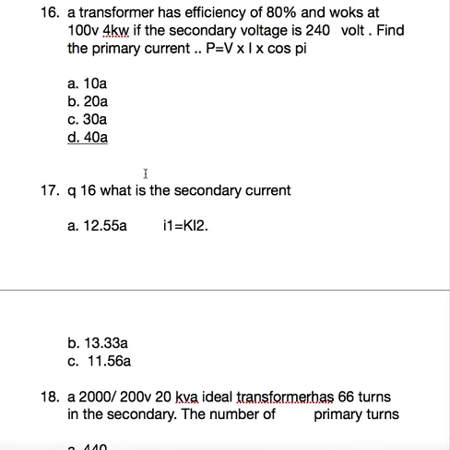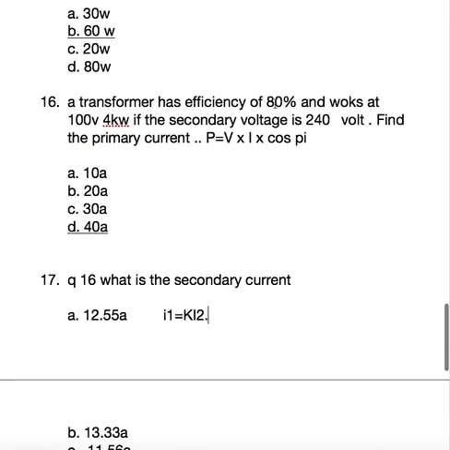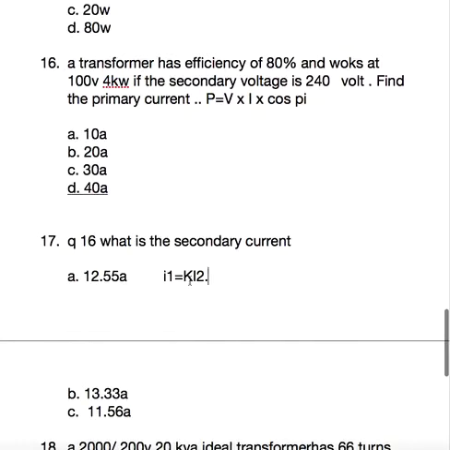In the case of I2, we can find it with the same formula, P is equal to V I cos phi. Substituting this, it is mentioned that 80% is the efficiency, so the obtained current will be multiplied by 0.8.